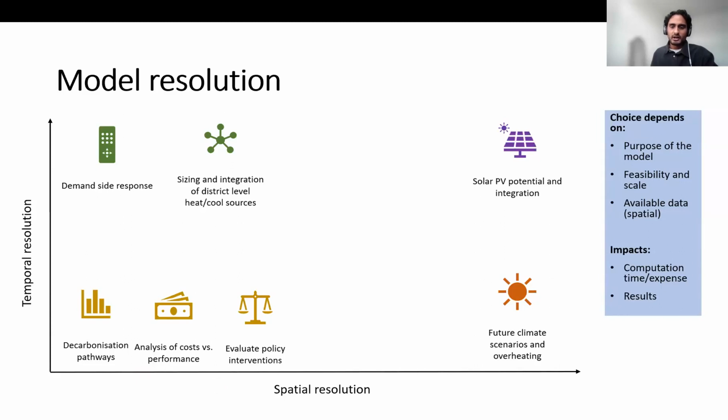However, if you're looking into, for example, the solar PV potential or the future climate scenarios where you're trying to identify specific houses in the stock which would be at risk of overheating, then archetypes are probably not going to be the choice that you want to make, since these 2 studies would be sensitive to those factors.